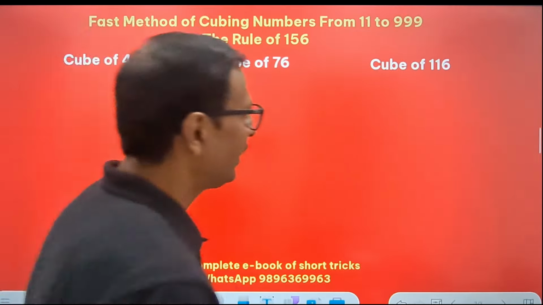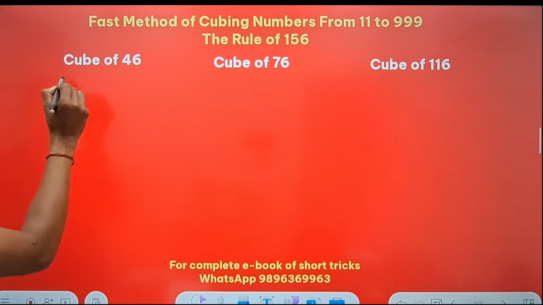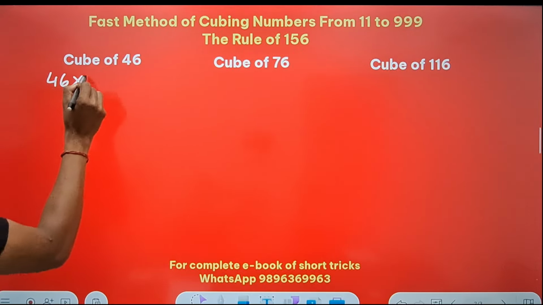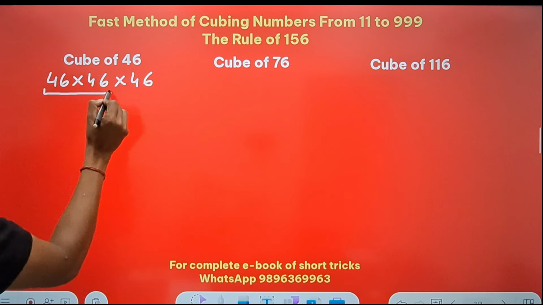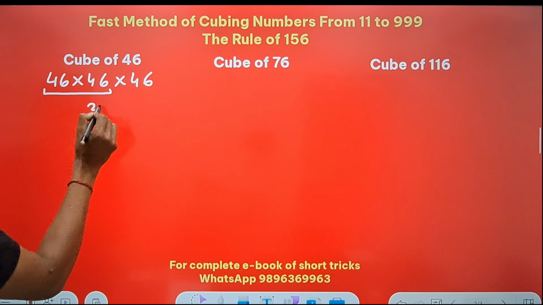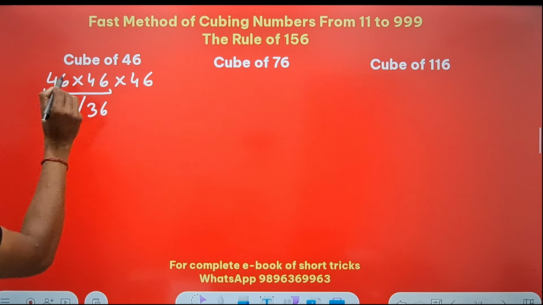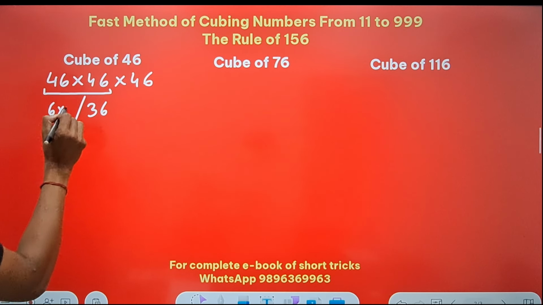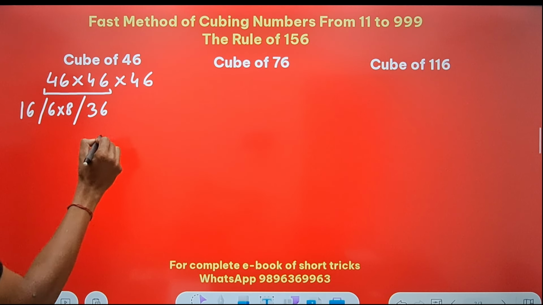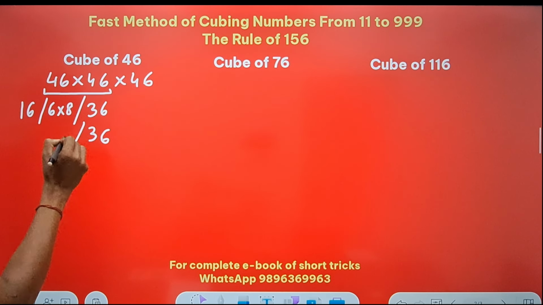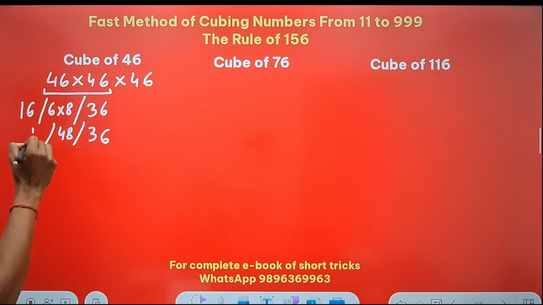See, let's take 46. So if I have to do 46 times 46 times 46, I have to apply the rule of 6 first. So ending in 36, then 4 plus 4 is 8, so 6 times 8, and 4 times 4 is 16. So we have a 6, 3, and then 48, and then 16.